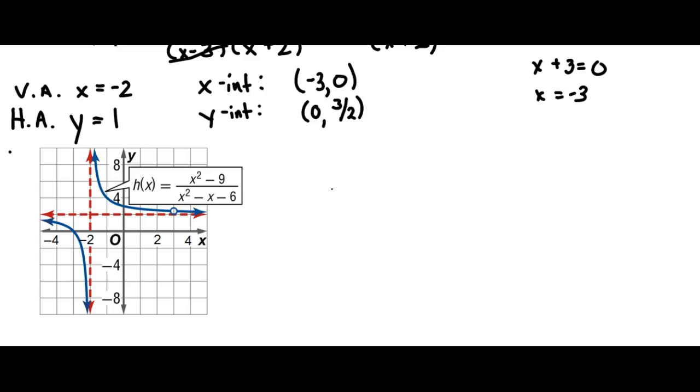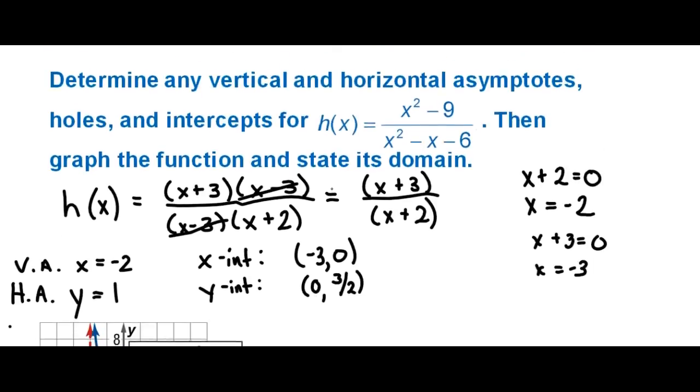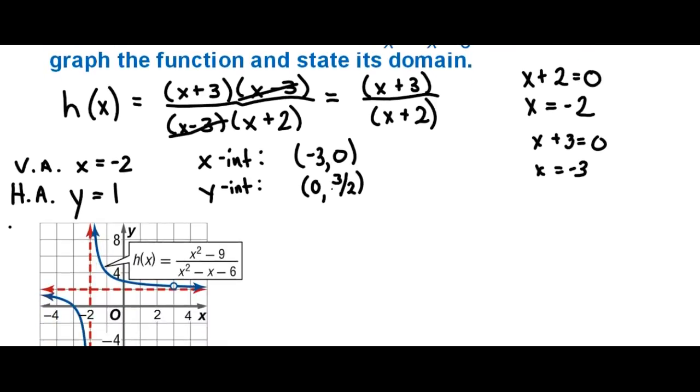And if you remember way back in chapter 0, I believe it was, we talked about those removable discontinuities. Well, we have one right here where we removed this x minus 3 over x minus 3. If we would have kept that x minus 3 on the bottom, we would have found that our graph is also not continuous at x equals 3, because that factor also would have made the denominator 0.